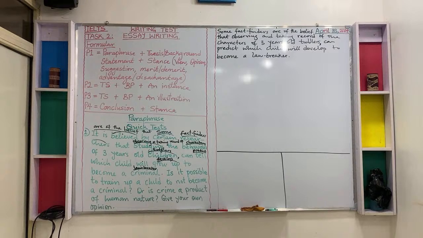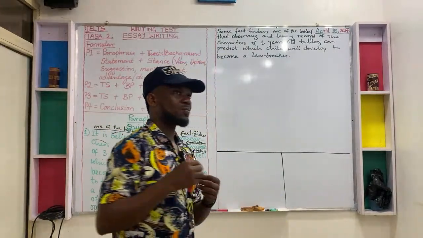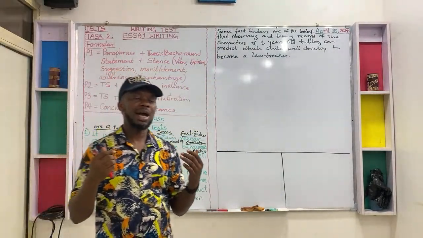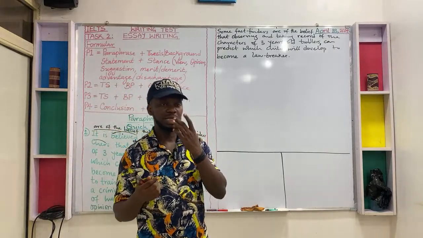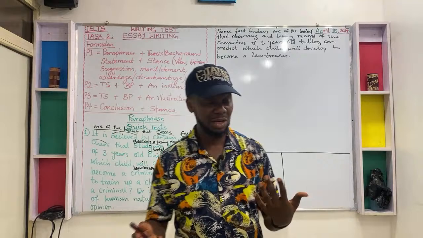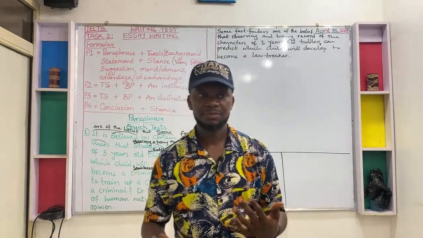So based on what you have said, you are saying that the manner in which a child is trained determines whether the child will become a criminal or not. Is that correct? Yes, if they have parental guidance and exposure.